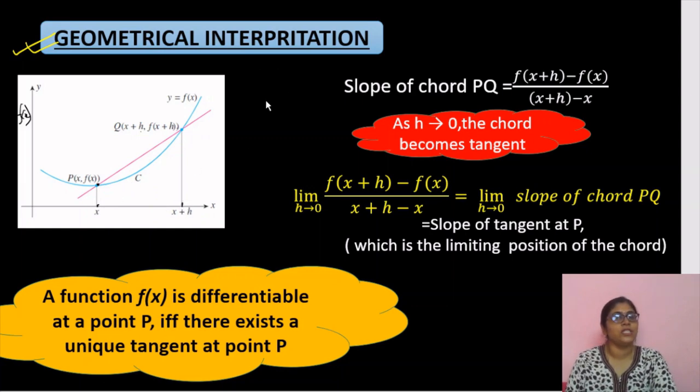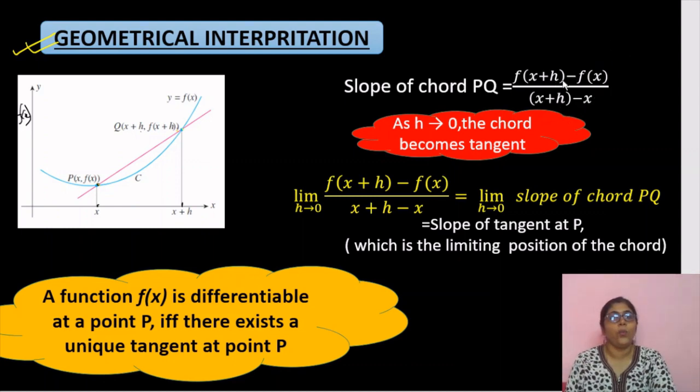So what is the slope of PQ? Slope of PQ is equal to the y coordinate of Q minus the y coordinate of P divided by the x coordinate of Q minus the x coordinate of P. So this is (f(x plus h) minus f(x)) divided by (x plus h minus x).